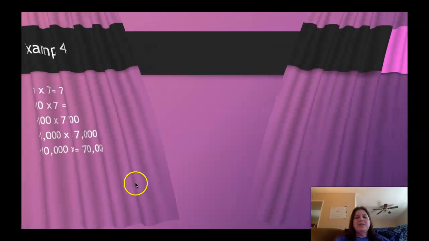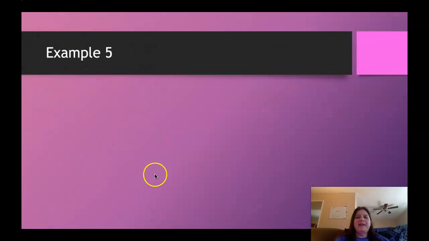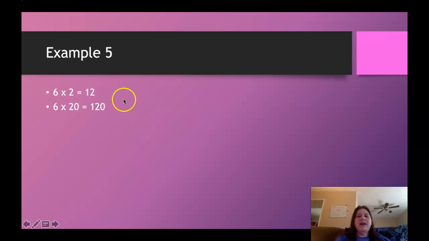So that's using just one number. Now what if we weren't multiplying by 1 and we were multiplying by another number instead, like 6 times 2. 6 times 2 is 12. Now what if it was 6 times 20? You're going to write that 12 and then put the 0 just like we did with the 7s. And 6 times 200 is 1,200. So there's the 12 with 2 zeros just like that has it. But what if the 0 was on the 6?